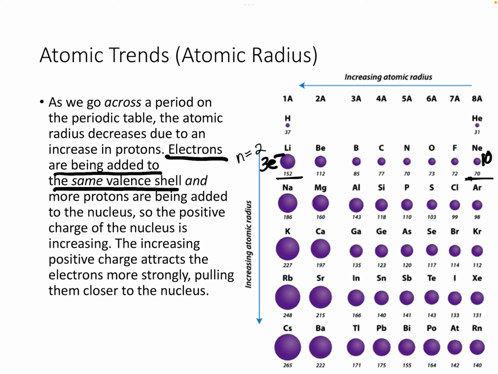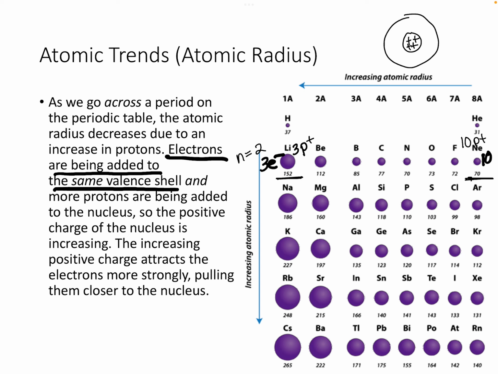Now, the more electrons we add to that shell, so let's say we have 2 shells, right? They're going to be attracted to the positive charges in the middle of the atom, in the nucleus. So those protons, right? The increased amount of positive charges in the middle, because remember, lithium has 3 protons, but neon has 10 protons.